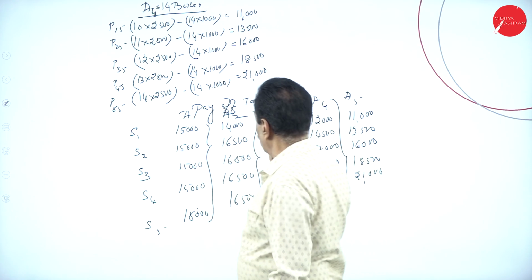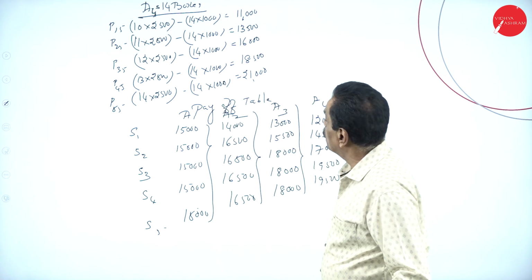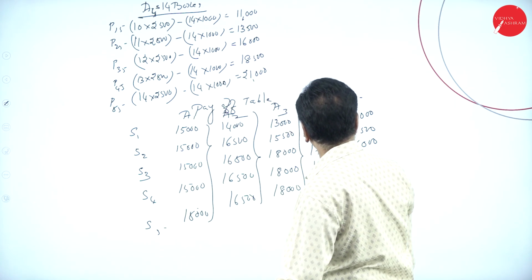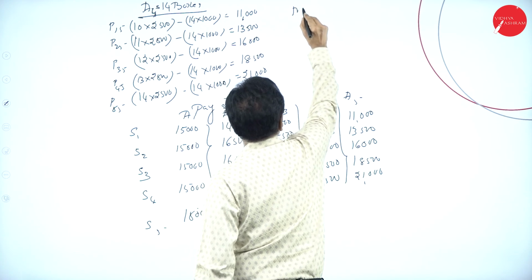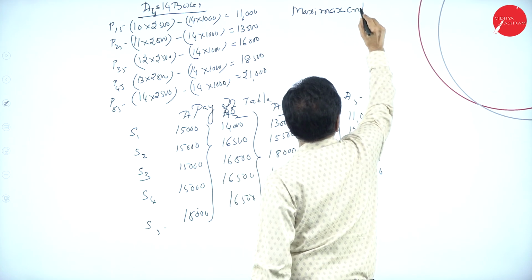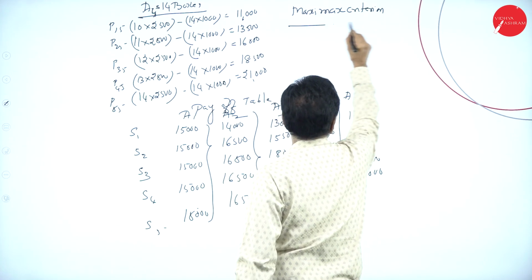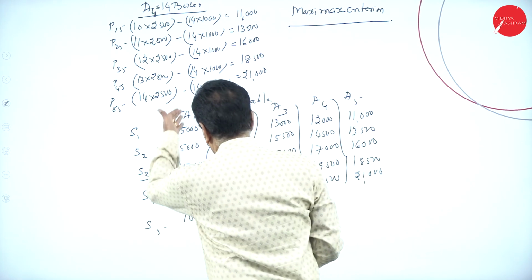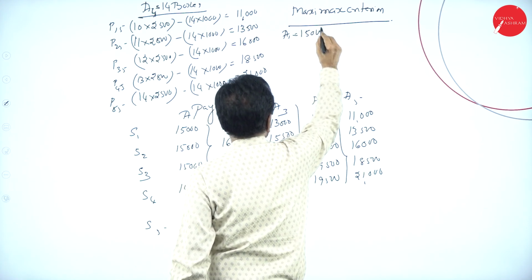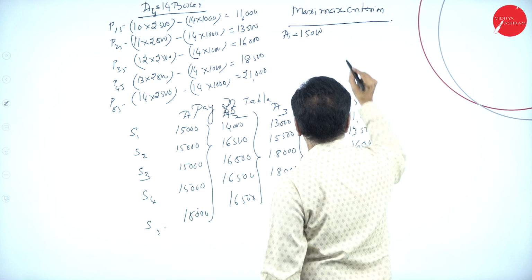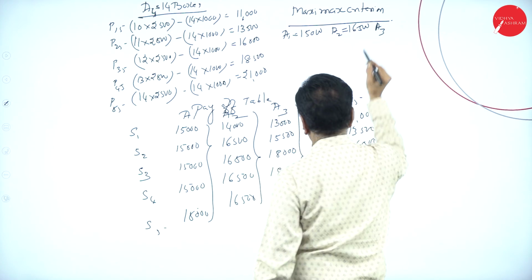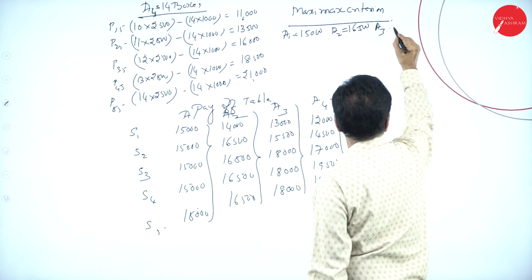Now you must be very careful. What's the first one? Maximax is asking for whichever is the highest. Maximax criterion. In A1 the highest is 15,000. A2 highest, 16,500. A3 highest, 18,000.